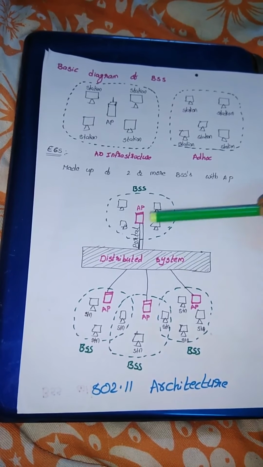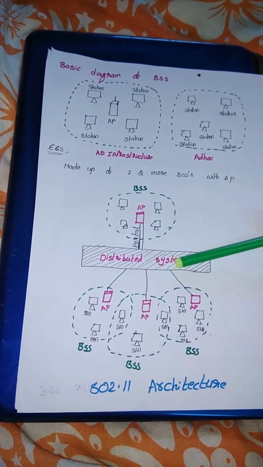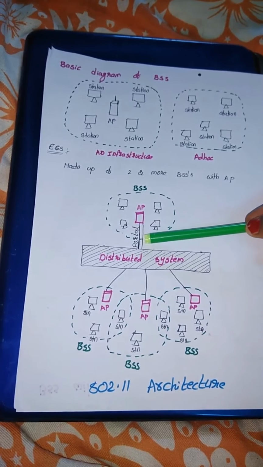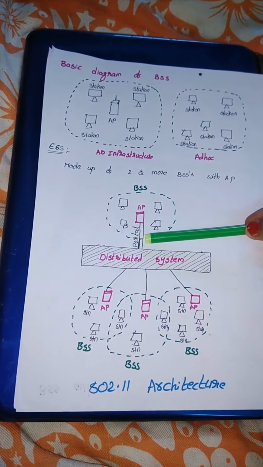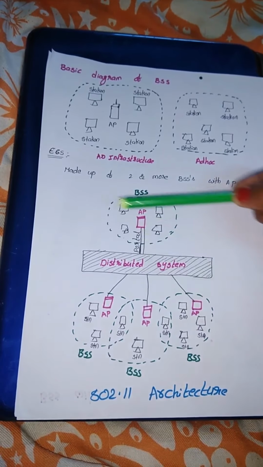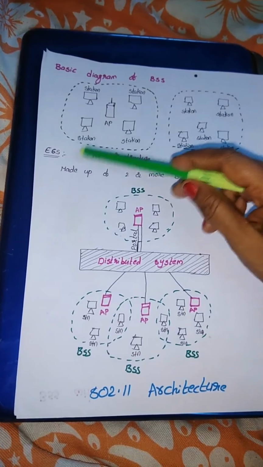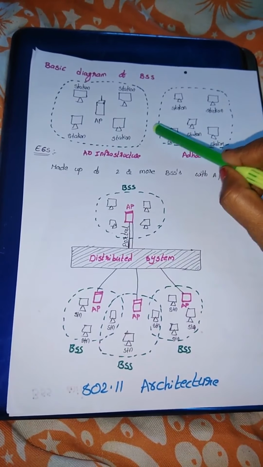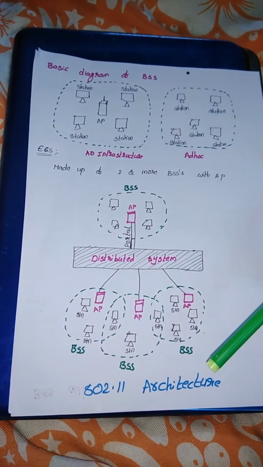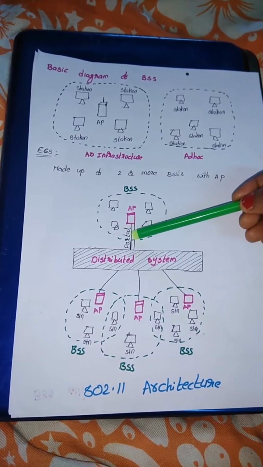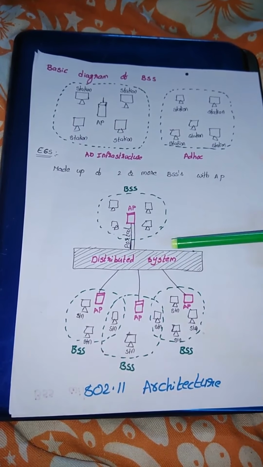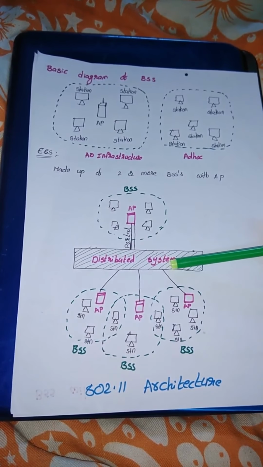Let us go for the definitions of portal and distributed system. The portal is a bridge used in wide LANs. Whenever two LANs are connected, for communication between the two LANs we need one communication line. That line is called a bridge, and here the bridge is named a portal. And the next one is the distributed system.